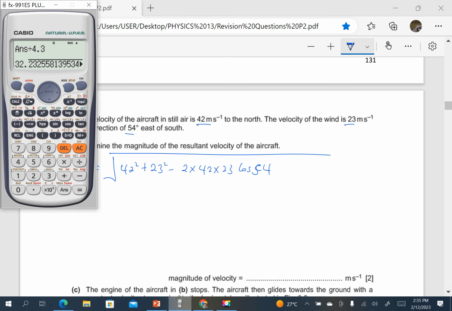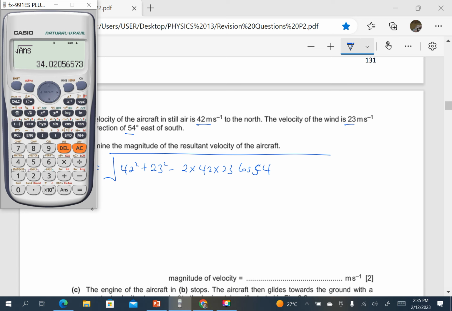So I just press my calculator. Then I find the square root of the answer, which is 34.